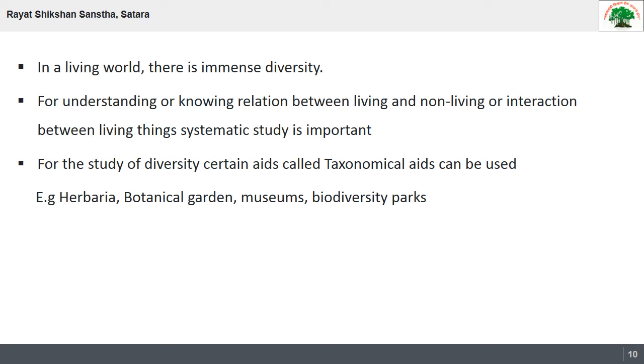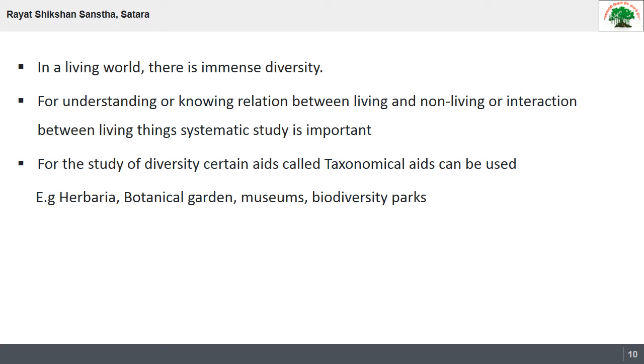So for the study of this huge diversity, certain taxonomical aids are required. Actually this study is important for research or other kinds of things.